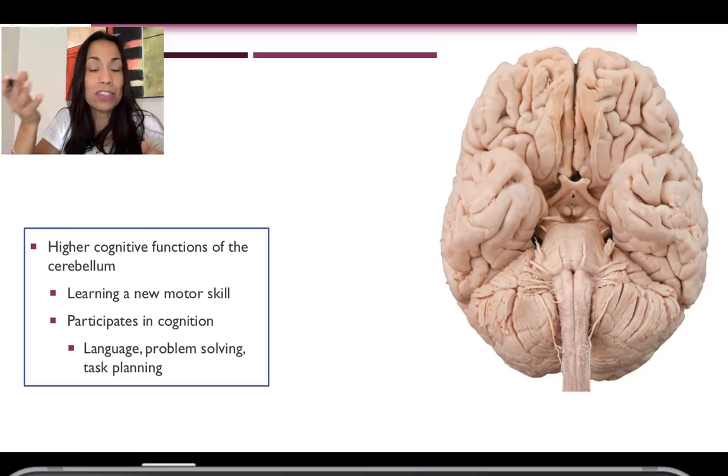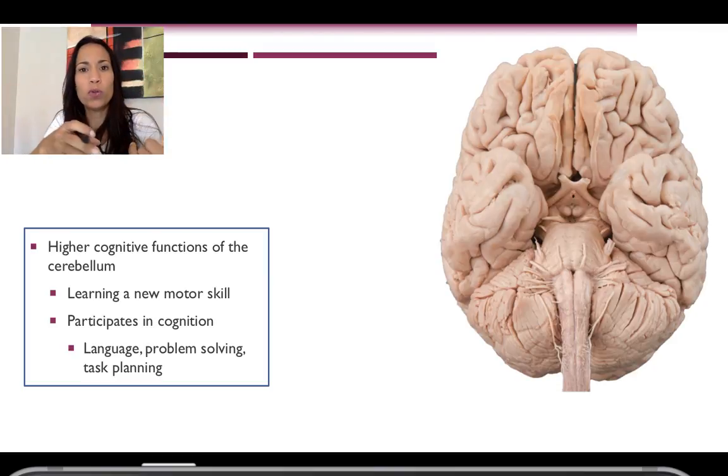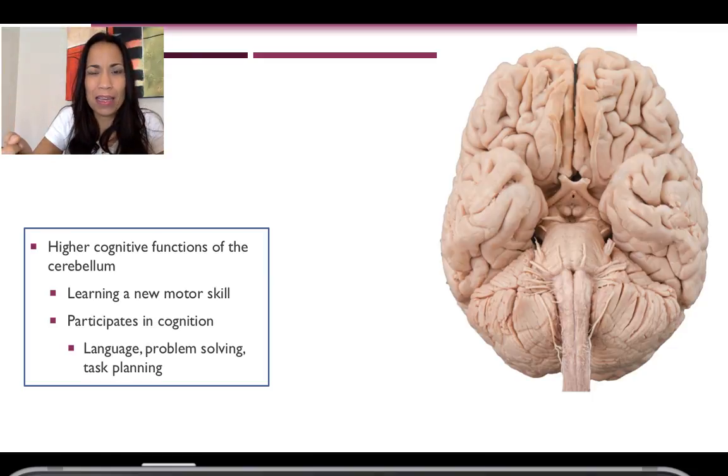The cerebellum is also involved in higher functions, cognitive functions, just like the cerebrum. As I told you, it is involved in language, learning a new language, and learning a new motor skill, like learning to ride your bike or drive your car.